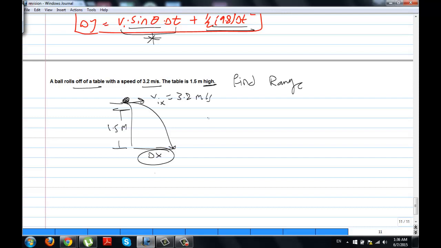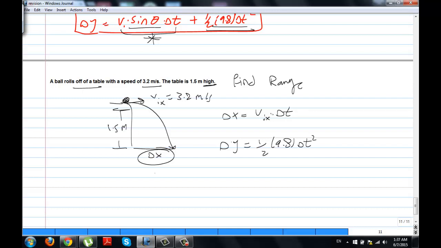So I go directly, this is a projectile launched horizontally. I have two equations. One of them is delta x, the other one is delta y. Delta x is equal to vix times delta t. The other one is half 9.8 delta t squared.